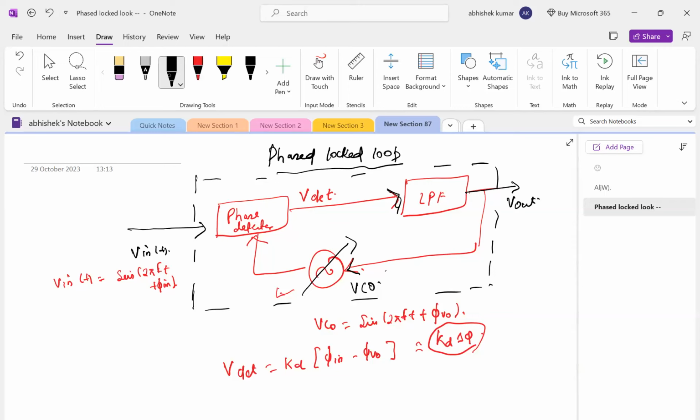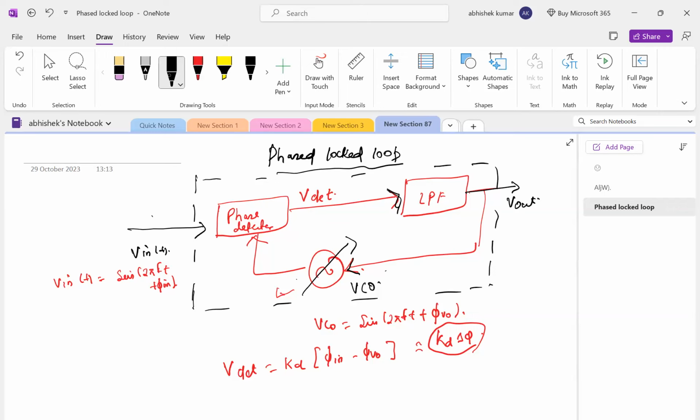The voltage controlled oscillator changes the frequency. I told you that the voltage controlled oscillator gives a different frequency depending upon the voltage applied to it. So in that way we get a frequency, and that frequency is the same as the input signal has. In this way the phase lock loop maintains the same frequency.